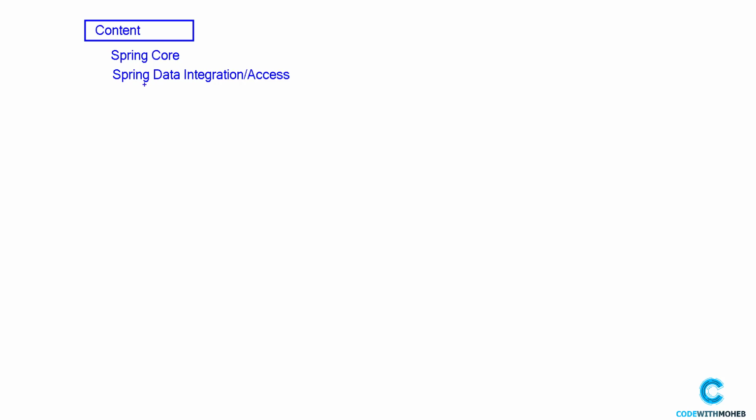Once we are done with Spring Data Integration, we will jump straight into another module of Spring, that is Spring Web. In Spring Web, we will cover Spring Web MVC, which will help us in developing web applications.